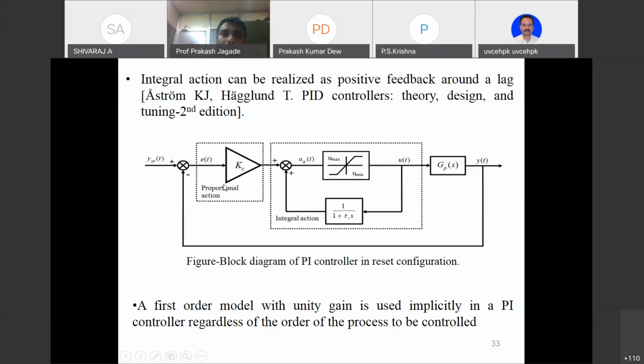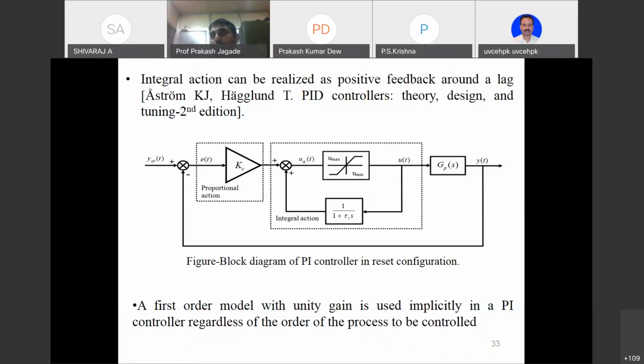This is nothing but the PI controller transfer function. The integral action is realized as a positive feedback around a lag, which is basically a first order block. Irrespective of the order of the plant, a first order lag is used to realize an integral action.